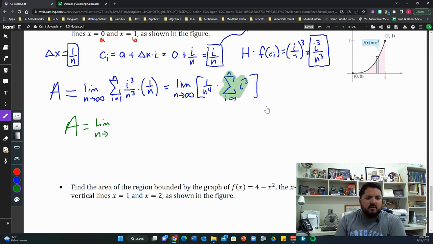Yes, you do have to write the limit notation in front of everything to be proper. So then we have 1 over n to the 4th times that formula, n squared times n plus 1 quantity squared all over 4. And I just realized I lost the fourth there.